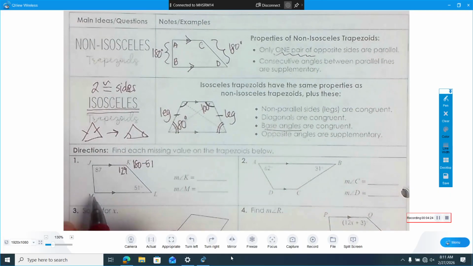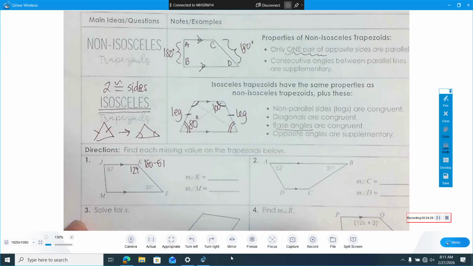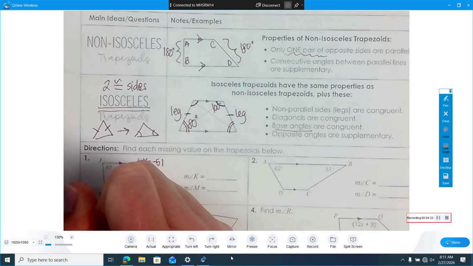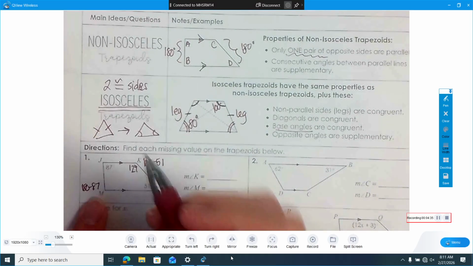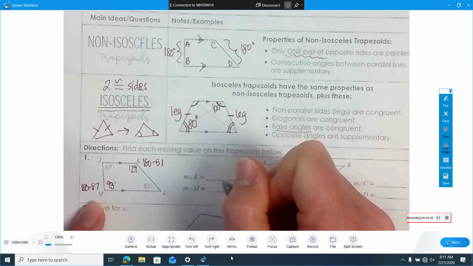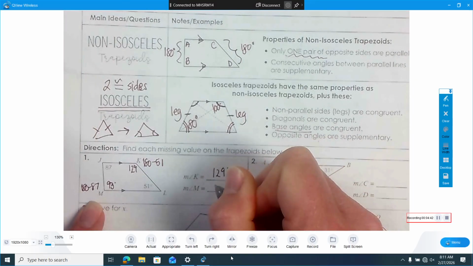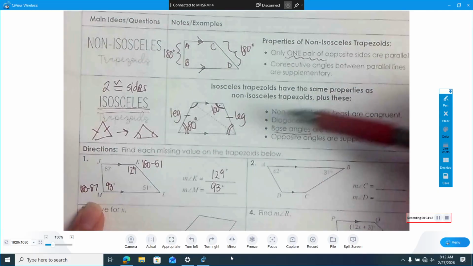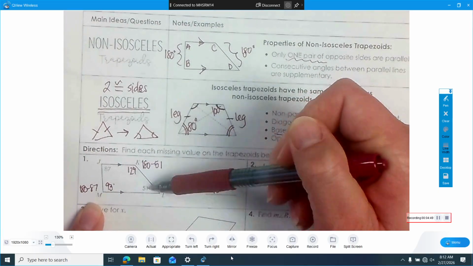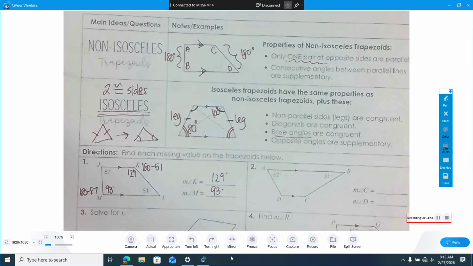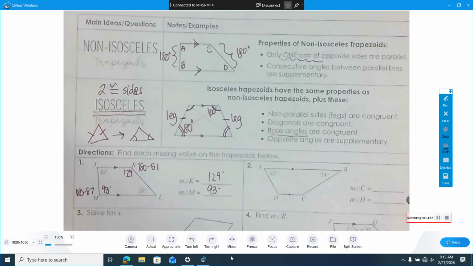Good. And how do we find angle M? 180 minus 87, which is 93 degrees. So K is 129 and M is 93. The angles between the parallel lines are supplementary. So that's what we're doing here. All right.